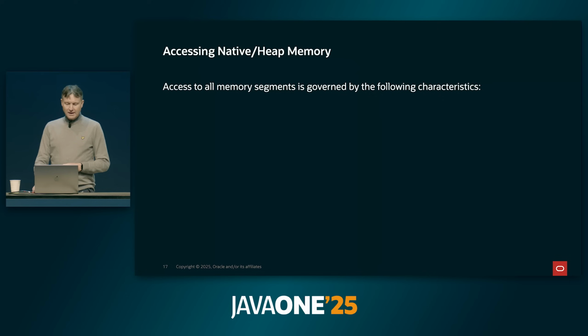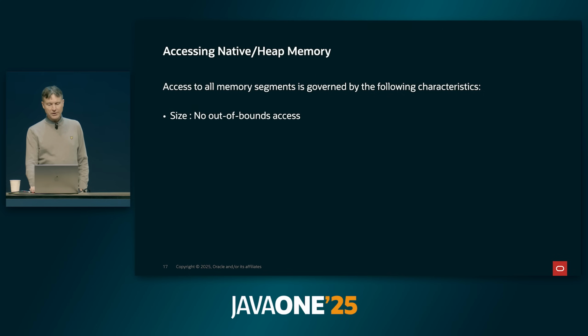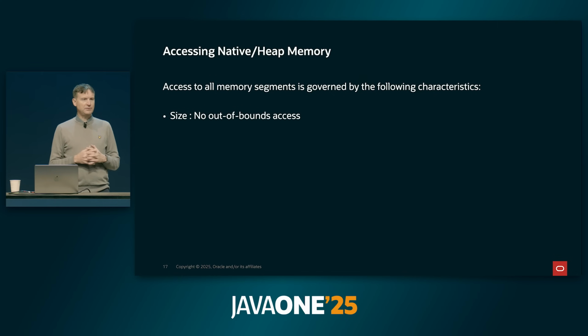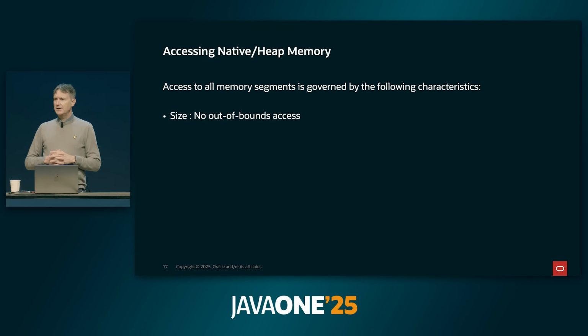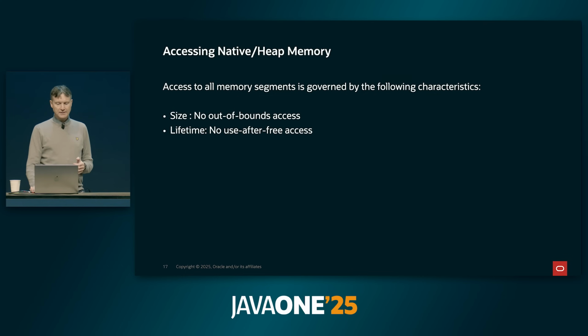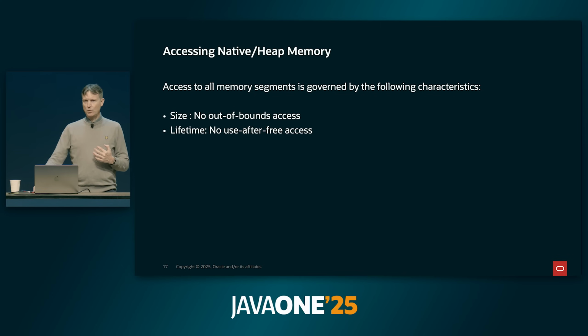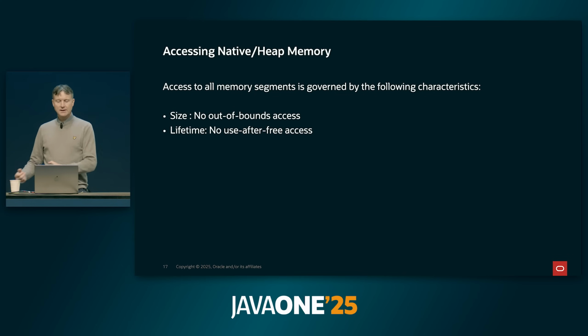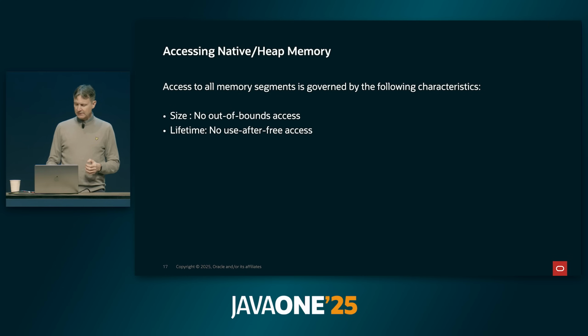Okay. So how do we access a memory segment, and how is that guarded? A memory segment has a certain size, so it's not possible to address the memory segment outside its size. So no out-of-boundary access. It's also governed by something called a lifetime. When the lifetime ends, you cannot access the memory segment.